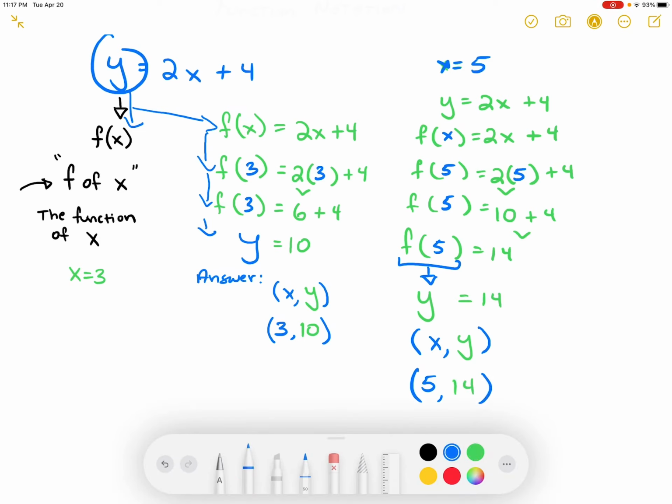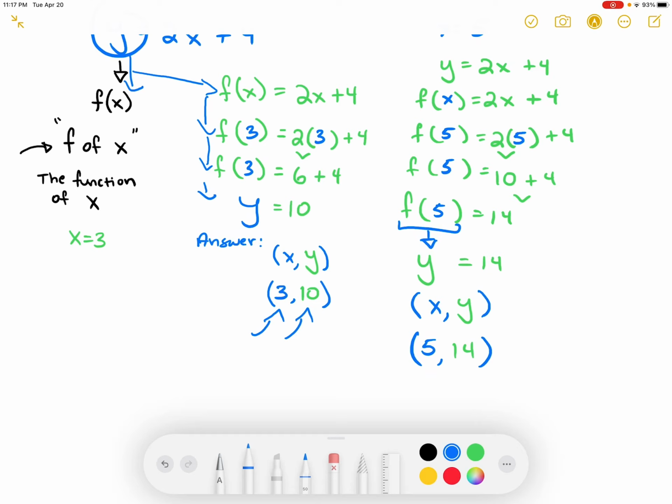And that's it. So when x is 3, y will be 10 for 2x plus 4. Now, when x is 5, for the same equation, your output answer would be 14.